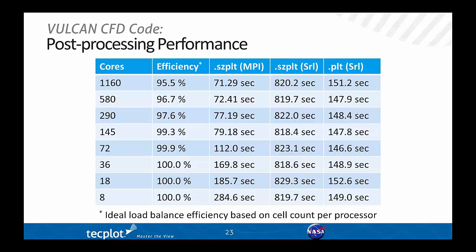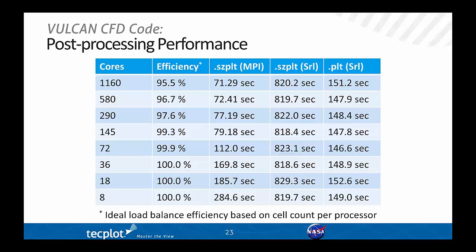As you can see, it's pretty well load balanced all the way up to 1160 cores. The last 3 columns compare the timing information for the TecIO libraries. The last 2 columns correspond to the serial timings, which was a master-slave paradigm, and the middle column, the SZL MPI, is the TecIO-MPI timings.